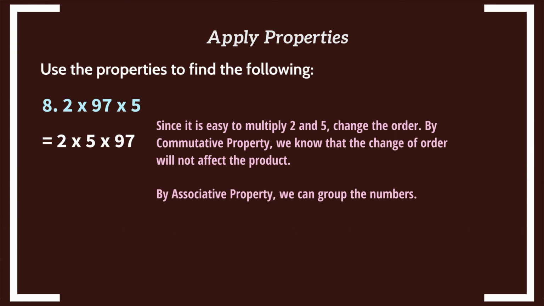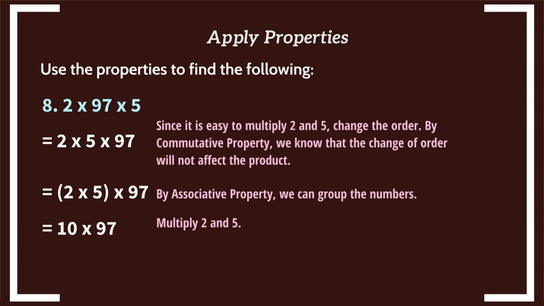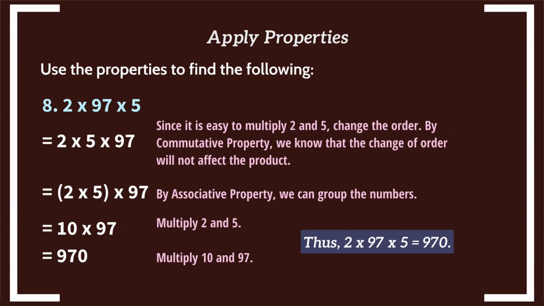Since we want to make solving easier and faster, we will group 2 times 5 and put that expression inside parentheses. 2 times 5 is 10, so the expression is now simplified to 10 times 97. Multiplying 10 and 97 is pretty easy. We just need to add 1 0 to 97, and that's the product. Then the answer is 970. Thus, 2 times 97 times 5 is equal to 970.